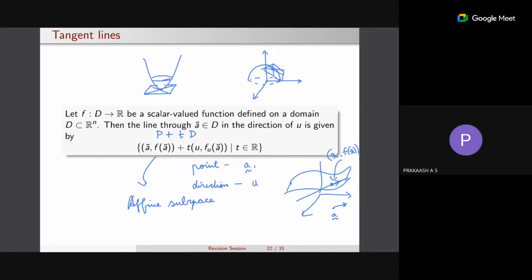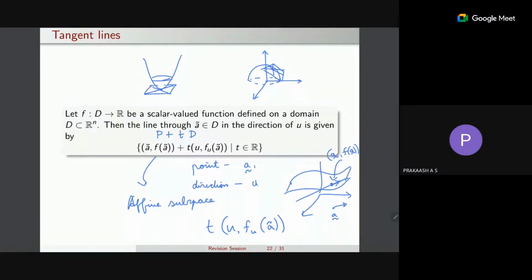Lines in R3 in general are affine subspaces of dimension 1, and the linear subspaces of dimension 1 in R3 are lines, the straight lines as we know them, which are given by scalar multiples of a fixed vector. So this direction determines the linear subspace, which is given by u comma f_u at a tilde, and then you take the scalar multiple of that.